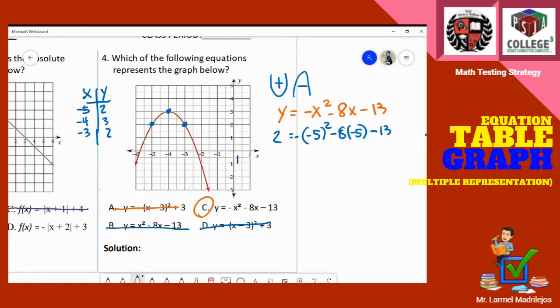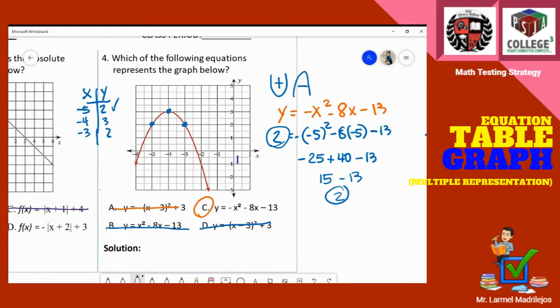Negative times a negative is a positive. 5 times 5 is 25, but there's a negative outside, so it's negative 25. 8 times 5, it's positive, and negative times a negative is a positive. 8 times 5 is 40, minus 13. Okay. Now, negative 25 plus 40 is a positive 15, minus 13. 15 minus 13 is 2. This matches that number, so this is okay.